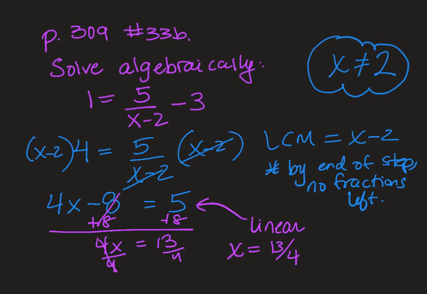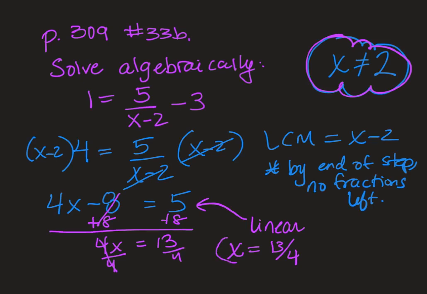The reason we have to check these answers and make sure this is not extraneous is because it has a fraction in the beginning with a variable in the denominator. By doing this at the beginning, what we did right here, I'm circling it again, that's really the only value I had to keep in mind that I'd have to reject. That would be the only extraneous one if I got a 2.